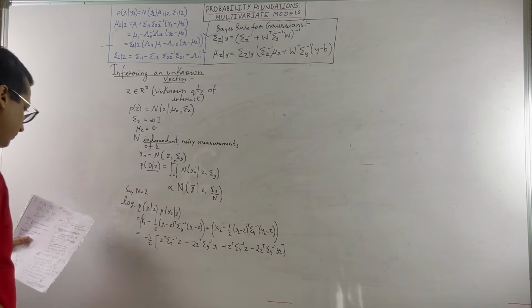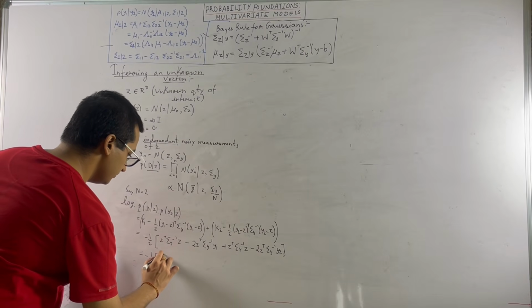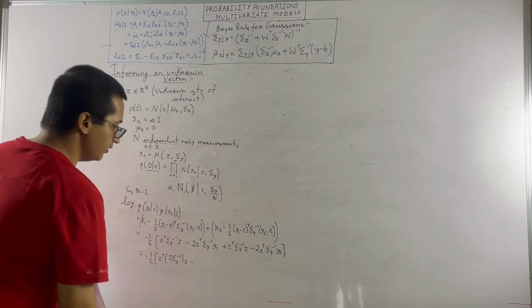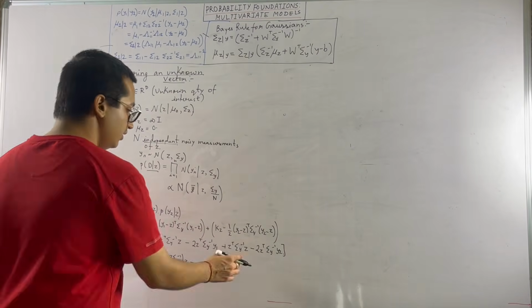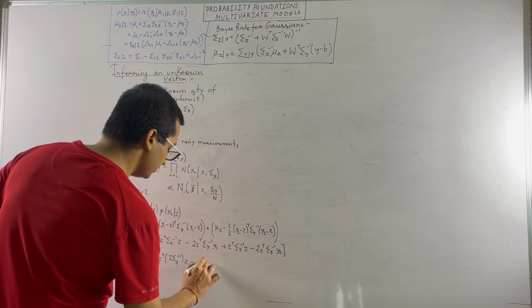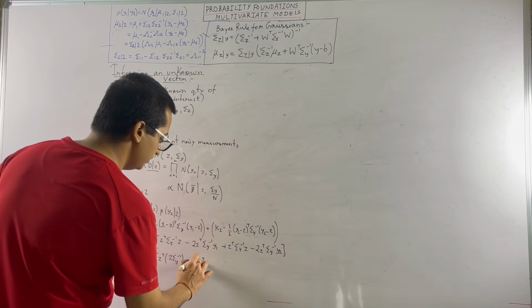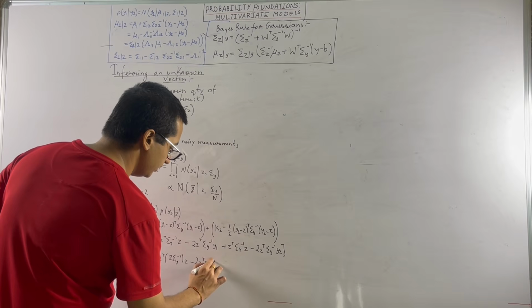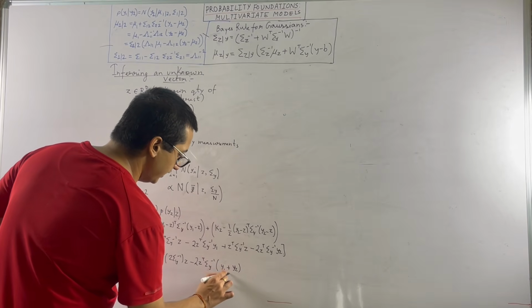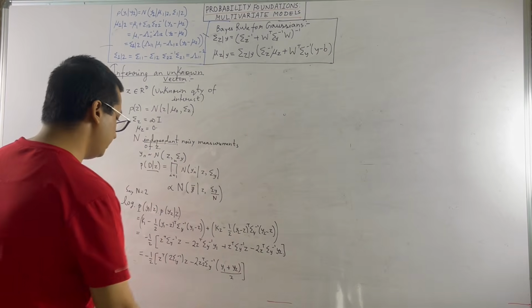And if you write it further, you get minus half z transpose, 2 sigma y inverse, z, and minus 2z transpose sigma y inverse times y1 plus y2. Now if I want a mean term, I can divide by 2, so I have to multiply by 2 as well. So this is y bar.